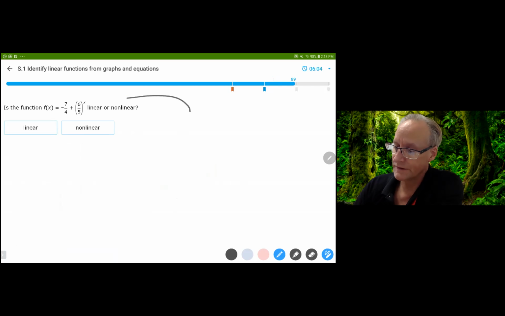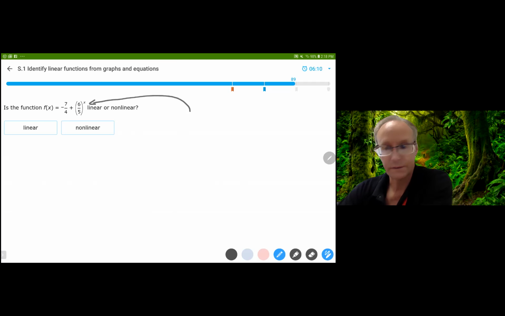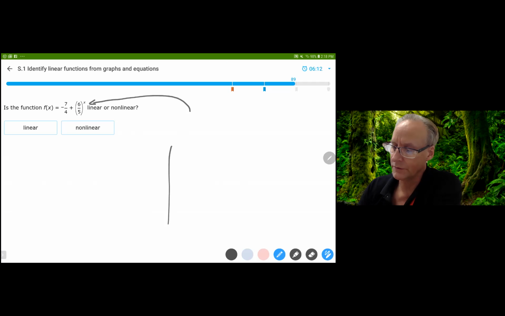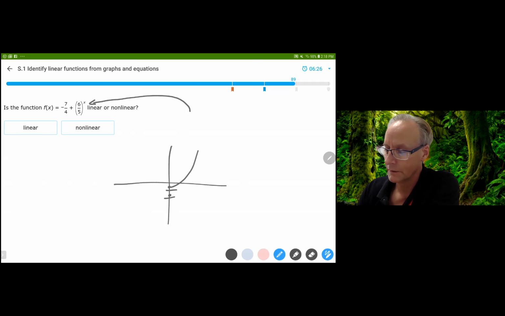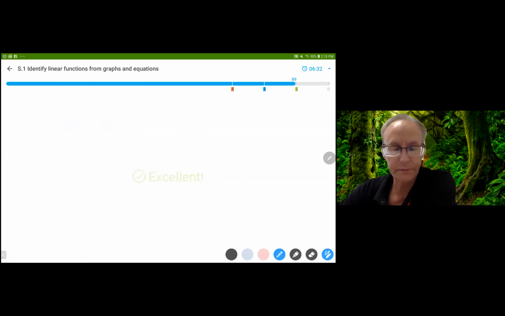Even though there's just that little x there, that x is in the exponent, and this is an exponential. So if you were to graph it, it would look something like this. Oh, actually, it would be here. Sorry. It would look something like this. That's definitely nonlinear.